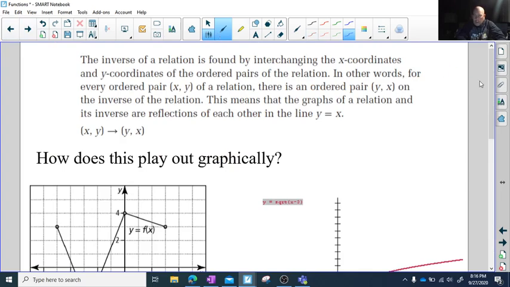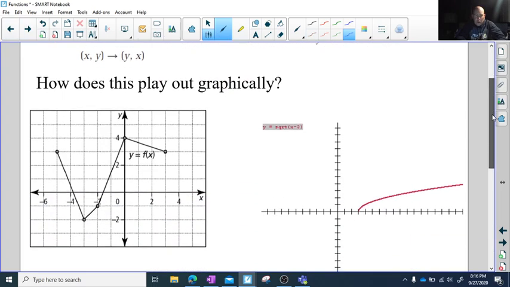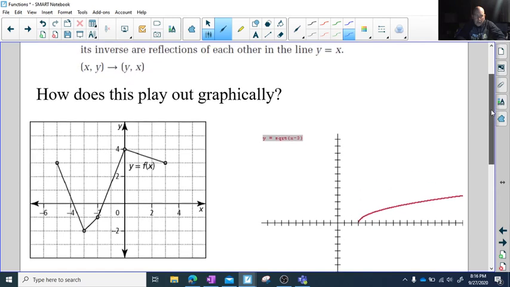Now, how does this play out visually on a graph? Let's suppose I looked at these graphs that I have down below here. Basically, if I wanted to sketch what I thought the inverse of this looked like, I would do it like I said up above. I would switch all the x's and y's. So, for example, this ordered pair right now is -5, 3.